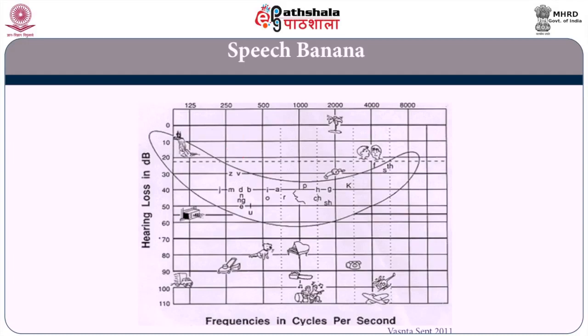On the lower frequency side, you have nasals, vowels, and voiced sounds. Whereas the voiceless consonants are slightly on the higher side, and fricatives like s and sh are very high frequency sounds. In terms of energy also, vowels and nasals are much louder than the high frequency fricative sounds.